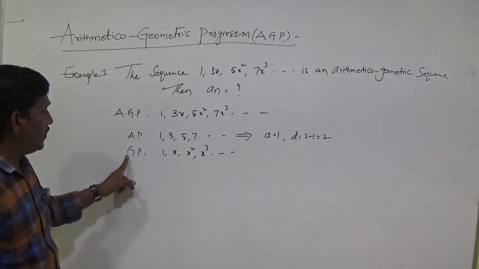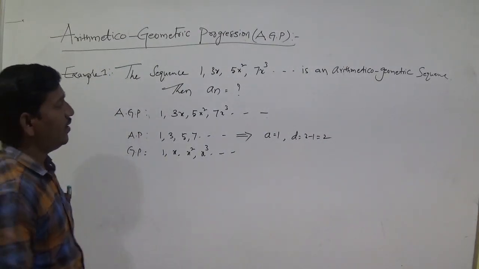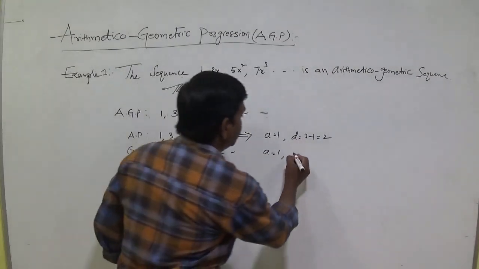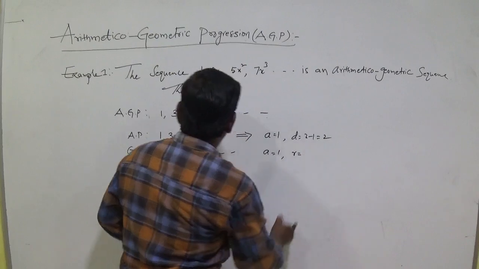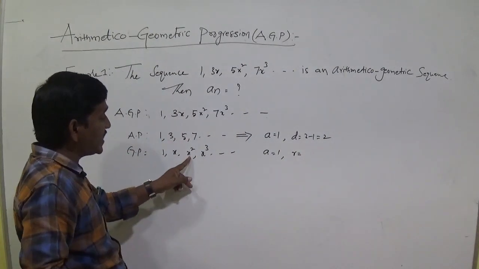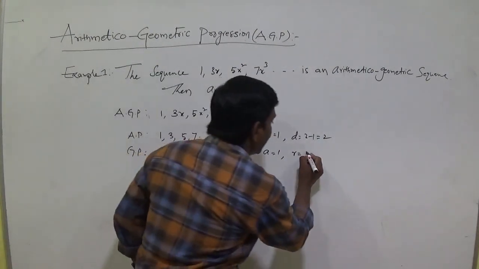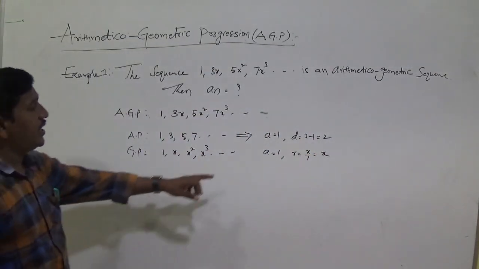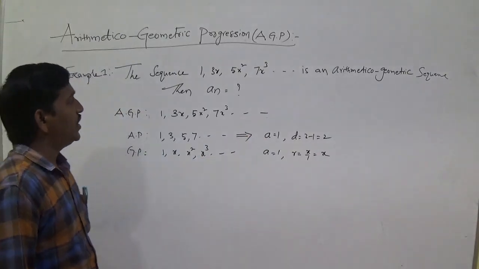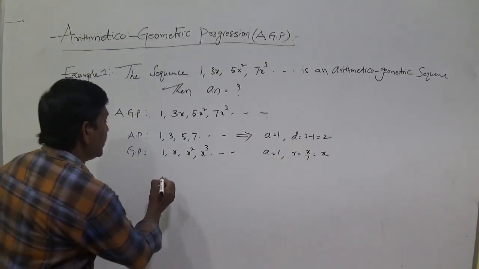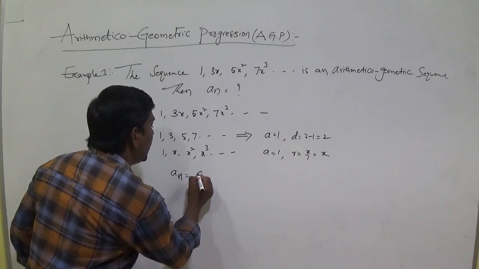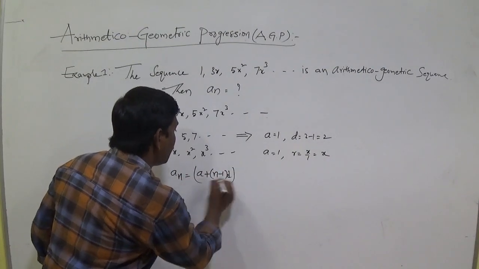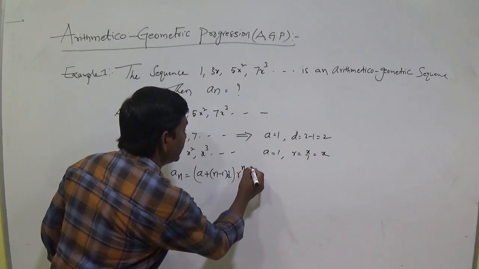Here in the GP, a also equals 1, and r equals x by 1, or x squared by x, that means x. So we got the a, d, r values. We have the formula an equals (a plus (n minus 1) d) r power n minus 1.